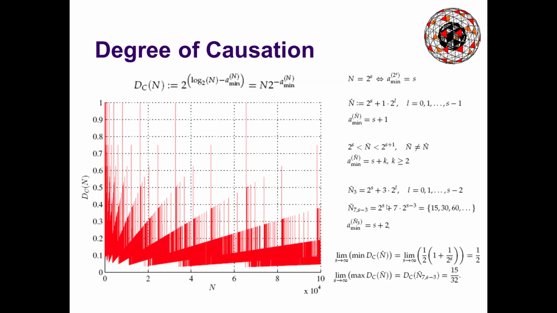Furthermore, there are some general patterns in the strings. However, we are not sure about this; I am convinced that there are more exceptions than, for example, this one. For a number in the form 2 to the power of s plus 3 multiplied by 2 to the power of l, for l within this range, we will have the assembly index equal to s plus 2.